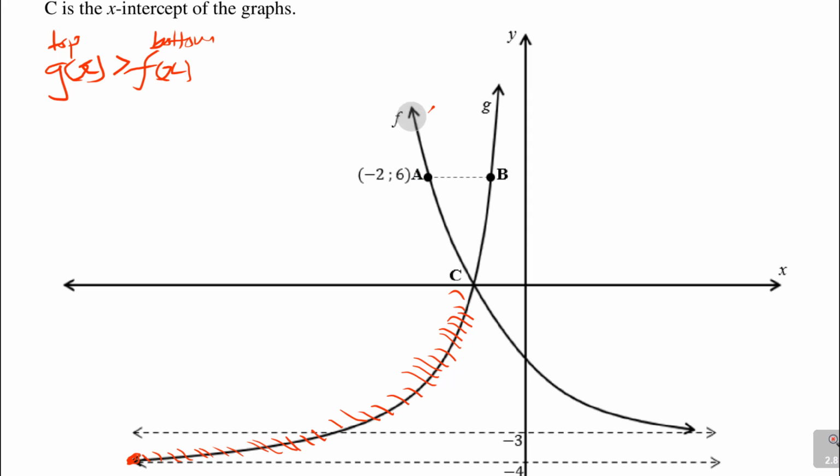Look at this interchange here. You will start to see that the graph of g of x starts going on top, and the graph of f of x starts going down. Look at the difference. This one goes there and this one is going there. So now this one is on top, and this one is at the bottom.